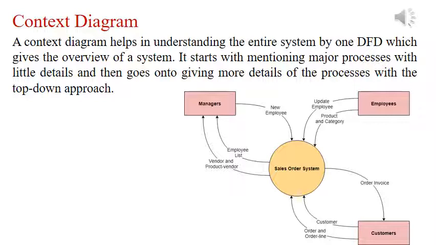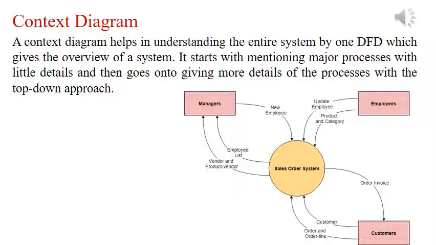It means that the order is delivered in a specific time, and once the order is delivered, the order invoice is sent to the customer. So the customer's role is to give the order, and after delivery, the order invoice is generated by the sales department.